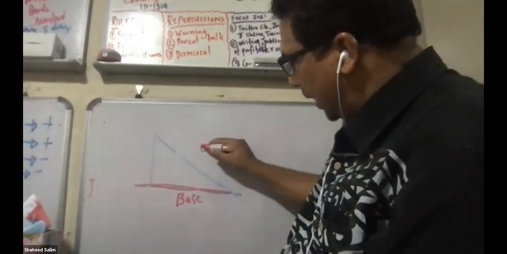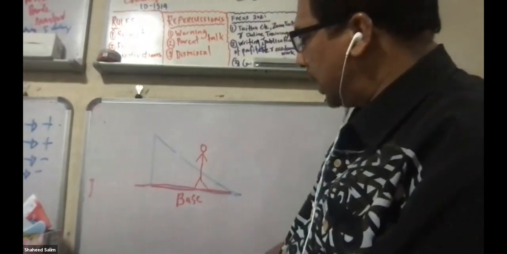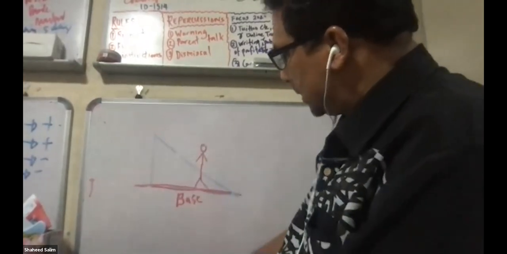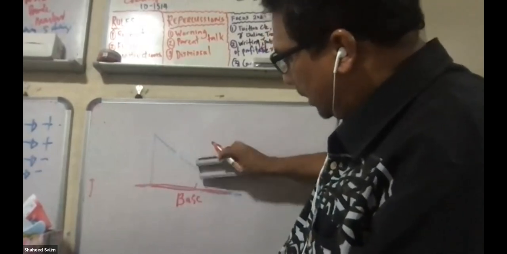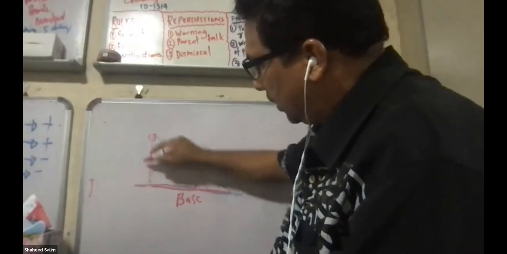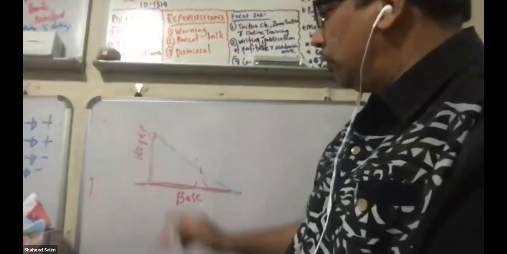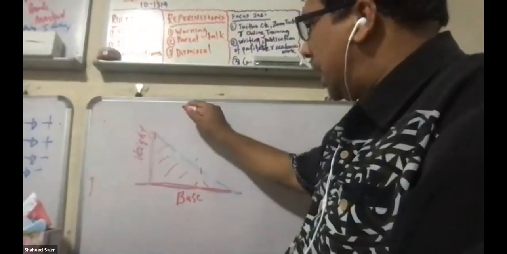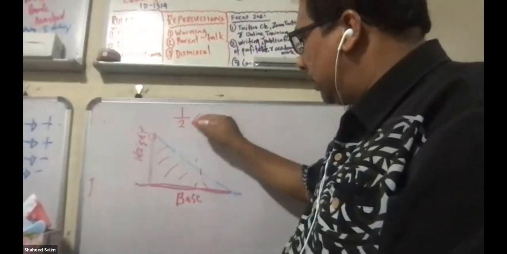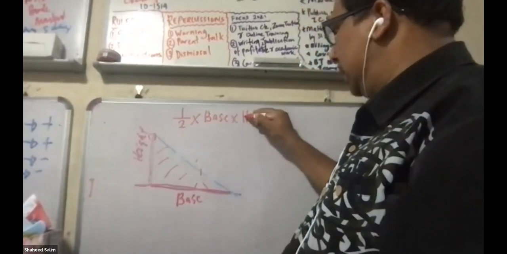The man must stand like that on the land. Can you see now? So the height is here. This is the bottom, the base. So there is a formula. The formula to find the area is half times base times height.